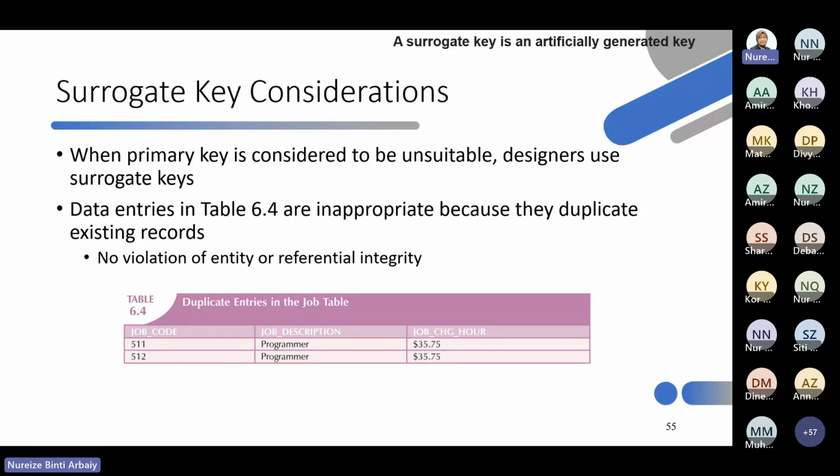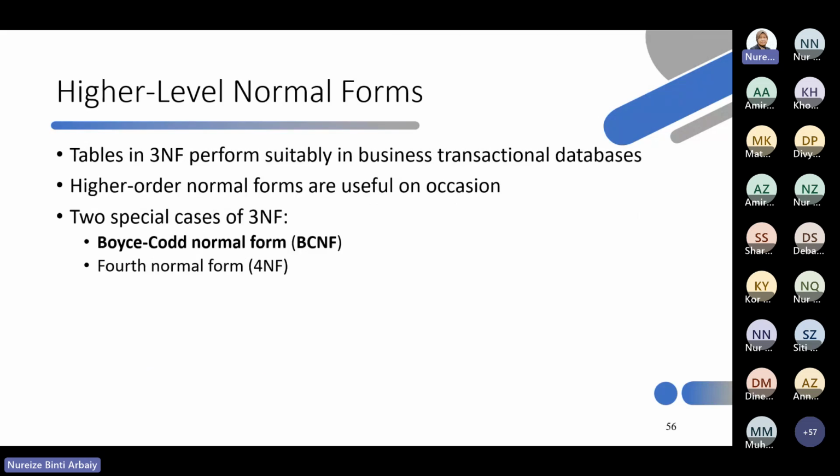So the data entries in that table 6.4 are inappropriate because they duplicate existing records, though there is no violation of entity or referential integrity. So that's why they use the surrogate key. Job code, job description, and job charge hour. You can see that the values are the same, so they have duplicate entries in the job table.